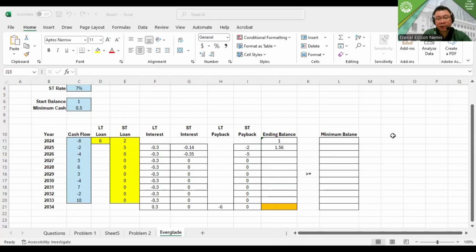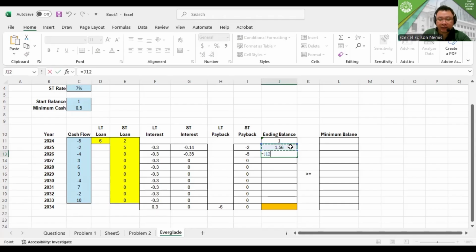All right, okay, so let me just repeat it again. So equals, get the starting balance here from the year 2025, put plus, type sum, open parenthesis, let's add the raw data. Then close parenthesis, enter.